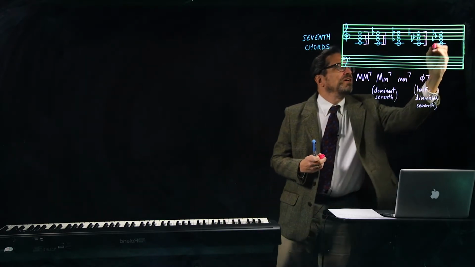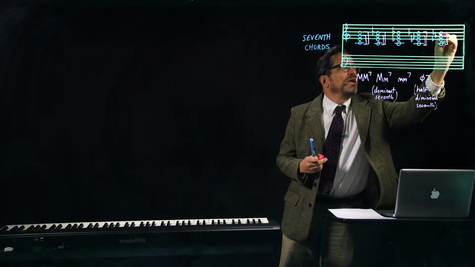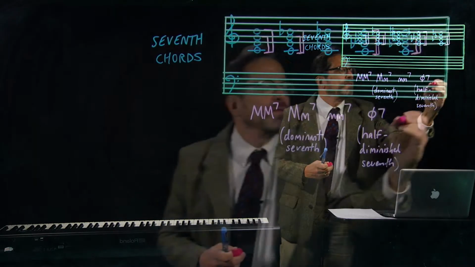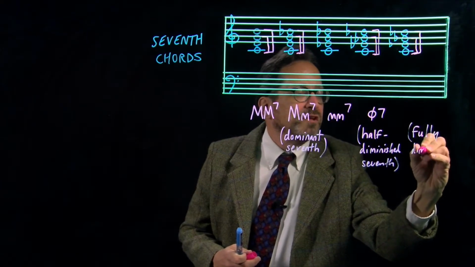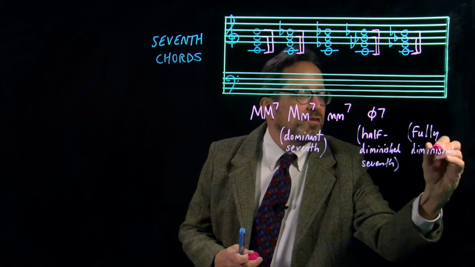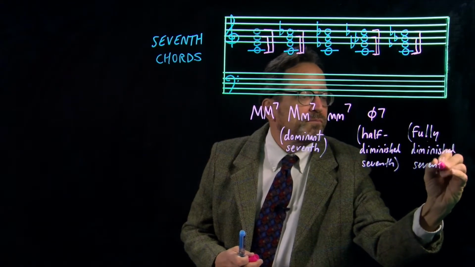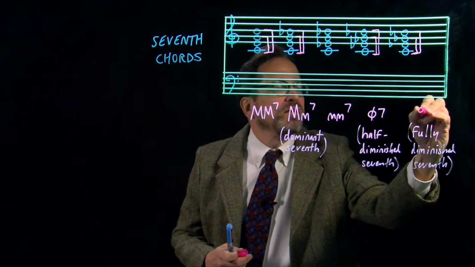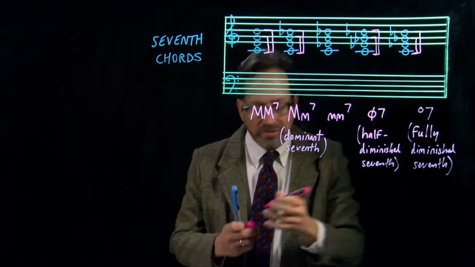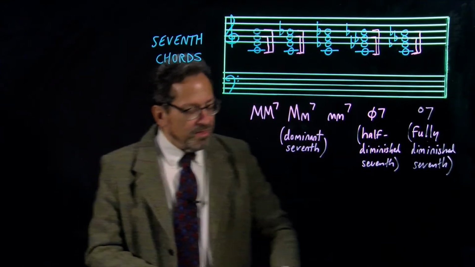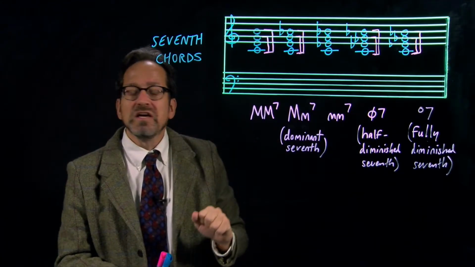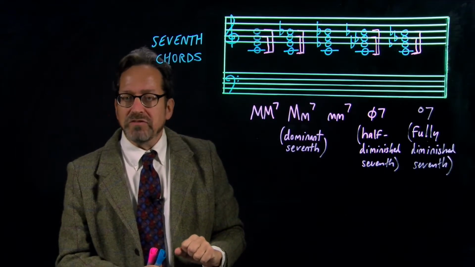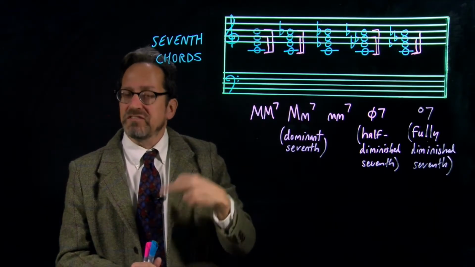So now we have a diminished triad, a diminished seventh, and this is called a fully diminished seventh. The symbol for that is our degree symbol for a diminished triad. So the half diminished seventh is called that because the triad is diminished, but the seventh is not. In the case of a fully diminished seventh, both the triad and the seventh interval are diminished.